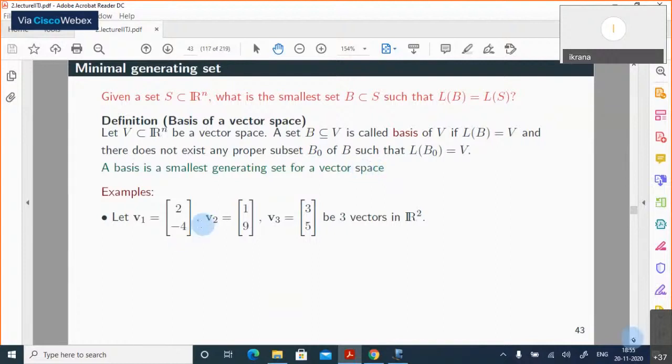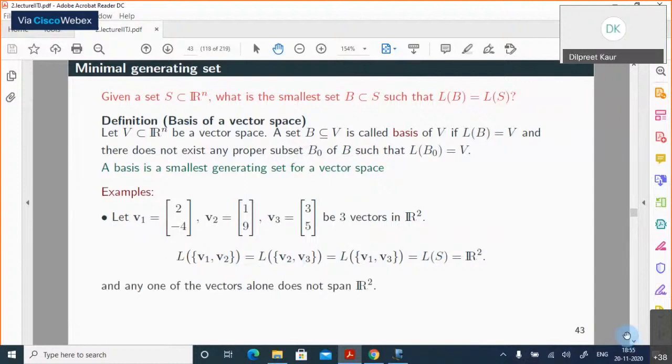You can have examples. For example, just now we saw those 3 vectors, right? Any 2 of them generate R2, and none of them can be dropped. So each one of these pairs is a basis for the vector space. What we are saying is that to construct the whole of R2, we need only two vectors, for example V1, V2, or V2, V3, or V1, V3.